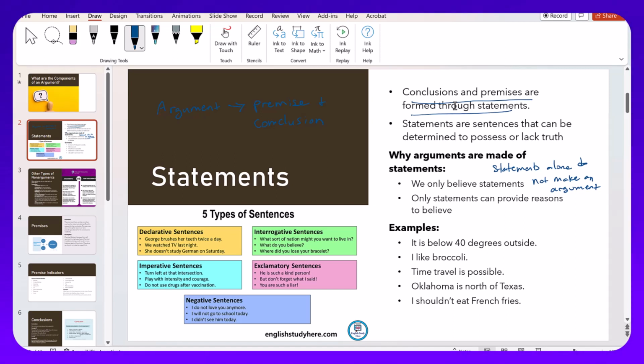I think this is where it can get complex, because naturally we want to say, well, that's false, so therefore it's irrelevant or it's not a statement. But we're going to see that with statements and arguments, premises and conclusions, there can be valid and invalid ones, and they don't always have to be true factually. Statements can be true or false factually, and they're still considered statements.